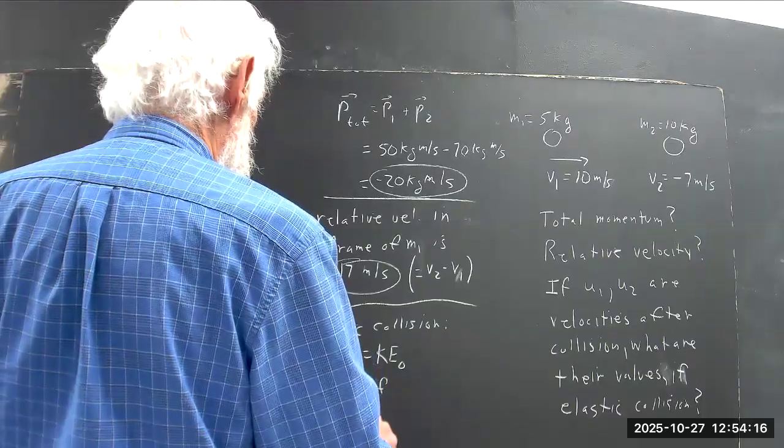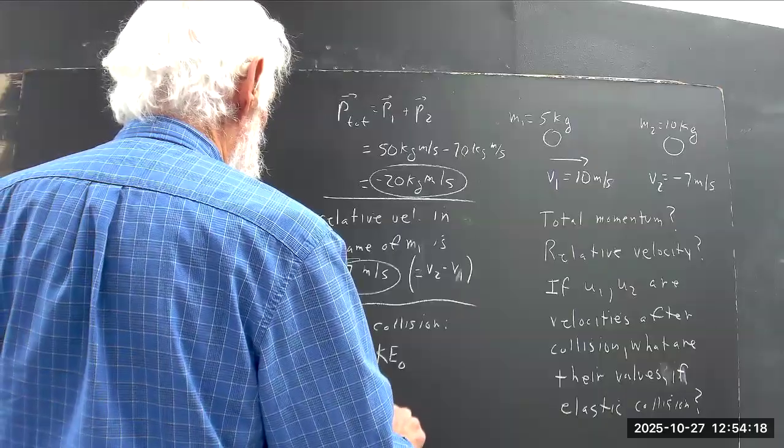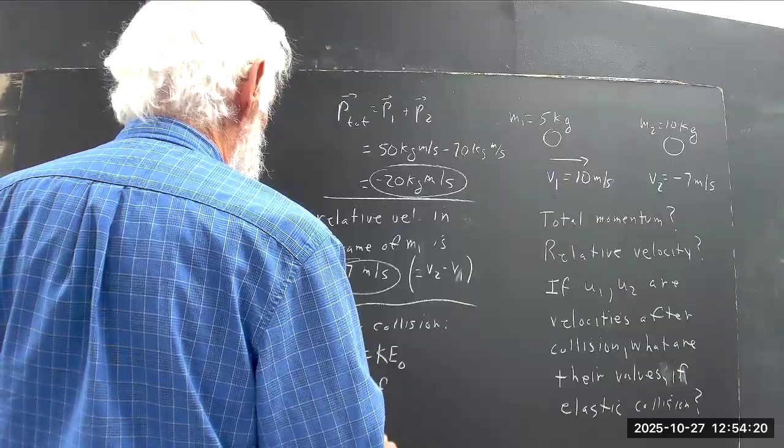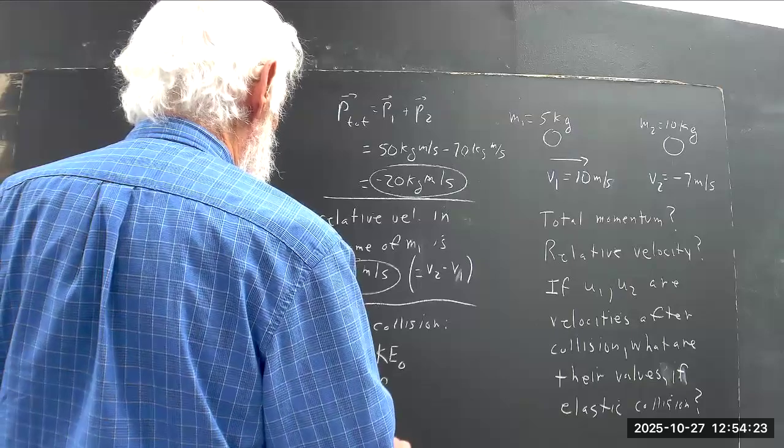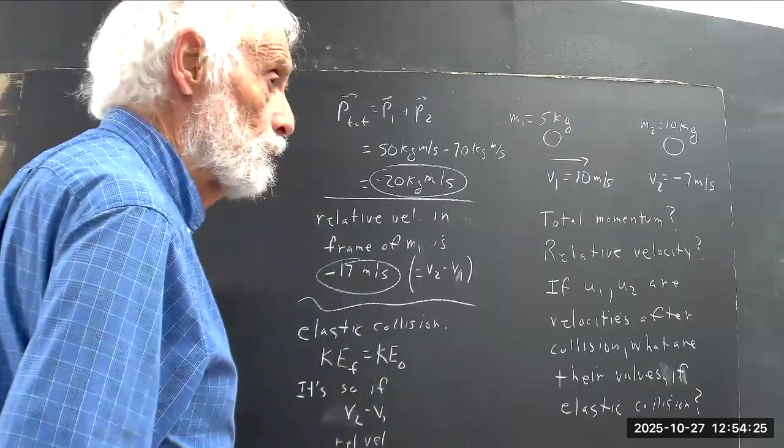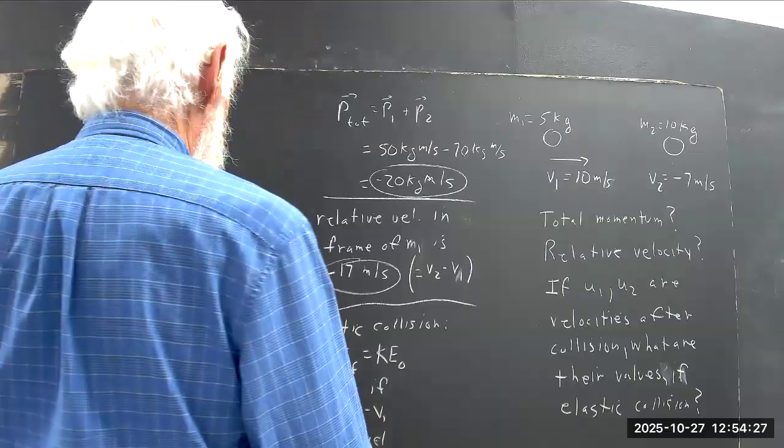Well, it's usually written V2 minus V1, which is the relative velocity before.